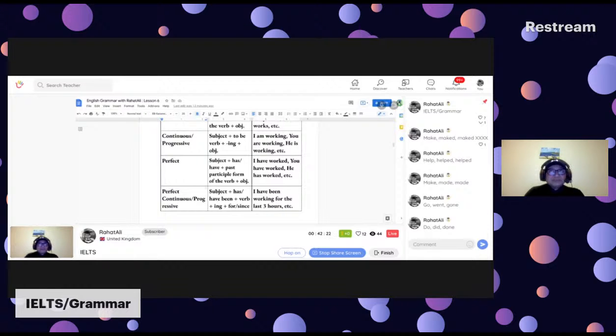Now, let's make sentences in the present perfect using this formula: subject plus has or have plus past participle of the verb, plus object or complement. So let's move on. If you remember, after I, we must use have. After we, we must use have. I'm just giving the basic forms of the structure.